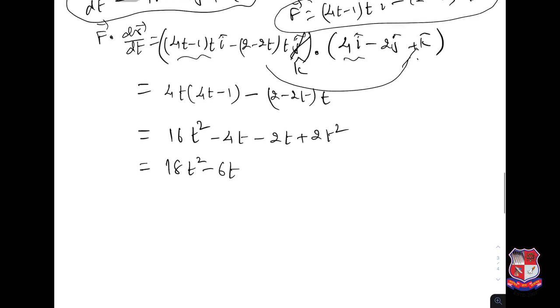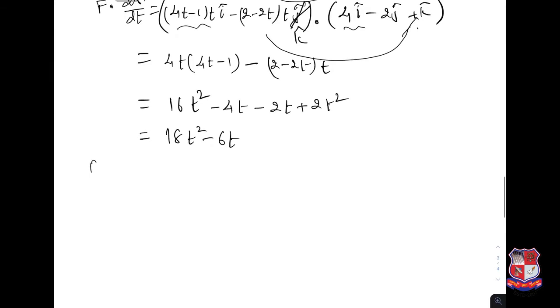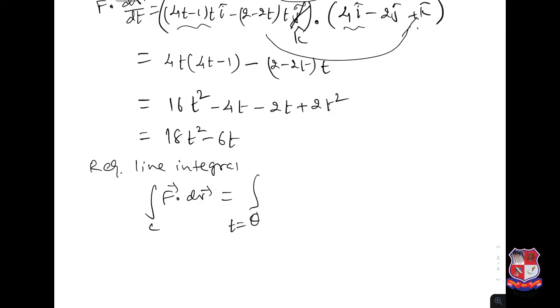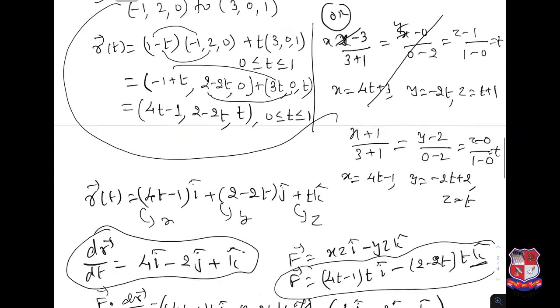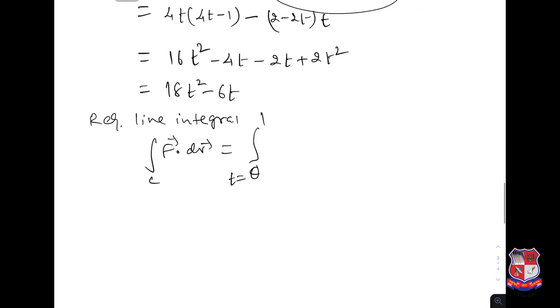Now we are in a position to find the line integral. So the required line integral, integration along C of f dot dr, is the integral for t from 0 to 1 of f dot dr by dt into dt.